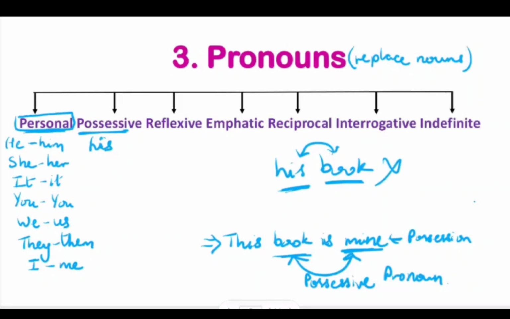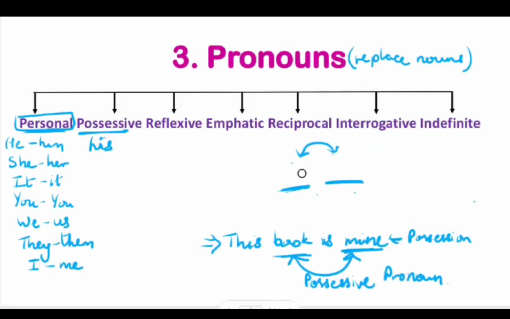So this is not a possessive pronoun. This is a possessive adjective. But the moment I say "this book is his", there is at least a one word gap between the possessive word and the noun. Hence, it is a possessive pronoun.